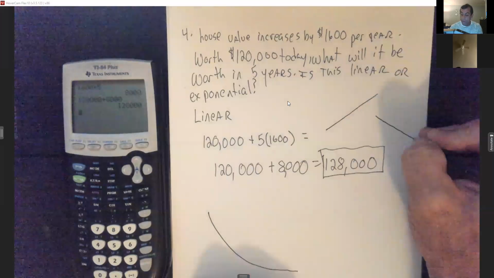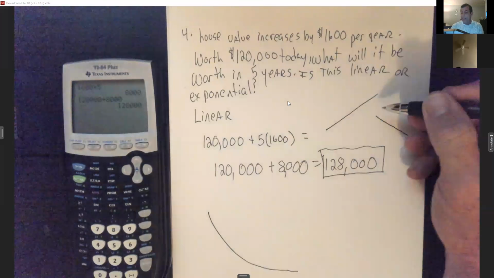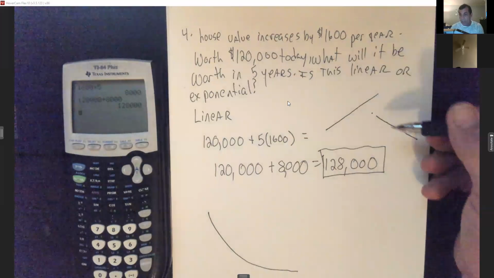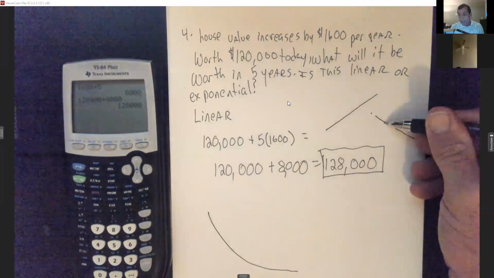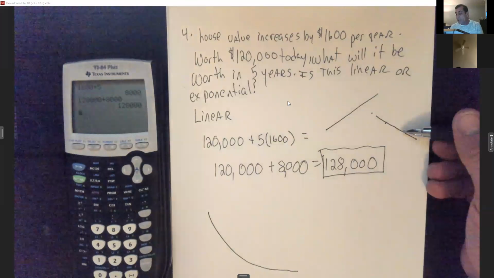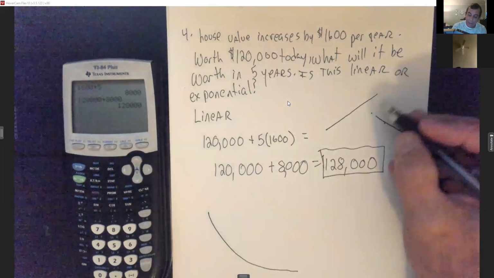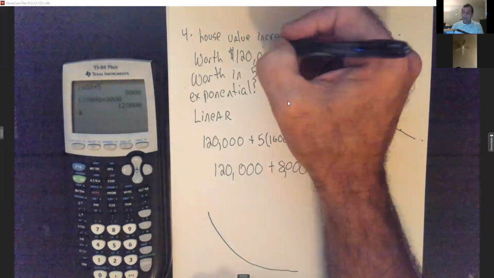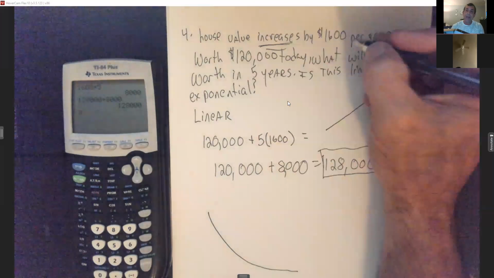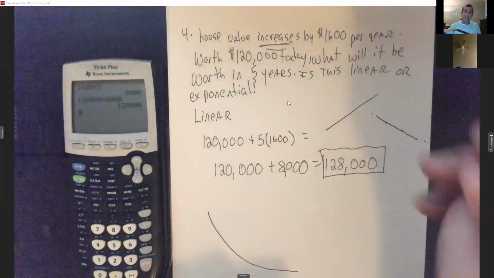It would have started at 120,000 and then minus another 1,600, it would decrease linear just like it would increase, okay? So make sure if it's going up or down, and then take off the appropriate amount each year on these, and you'll be good to go.